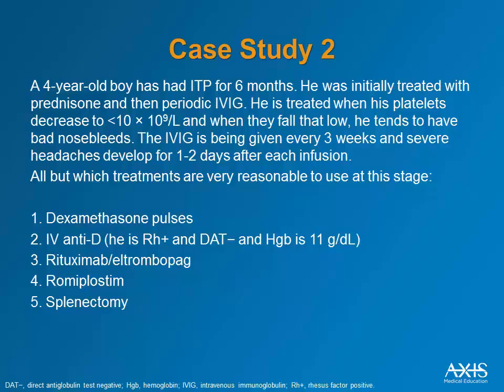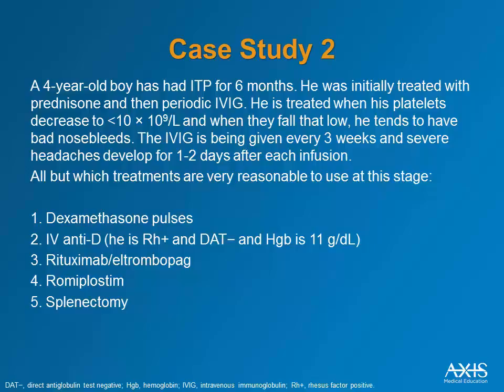The IVIG is given every 3 weeks, and severe headaches develop for 1 to 2 days after each infusion. All but which of the treatments below are very reasonable to use at this stage in this child who has had his ITP for 6 months and responds well to therapy but doesn't maintain his count?